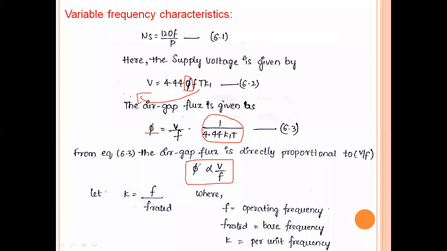So V by f must be varied in order to control this flux, particularly for low frequencies. From this equation, the flux is inversely proportional to frequency. That means if the frequency value is very low, the denominator is very low, then the flux is very high. If the flux is very high, then the machine will saturate.